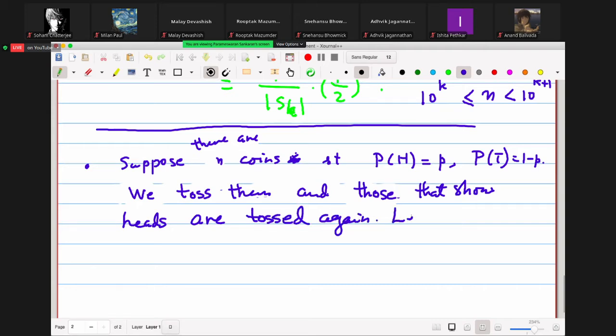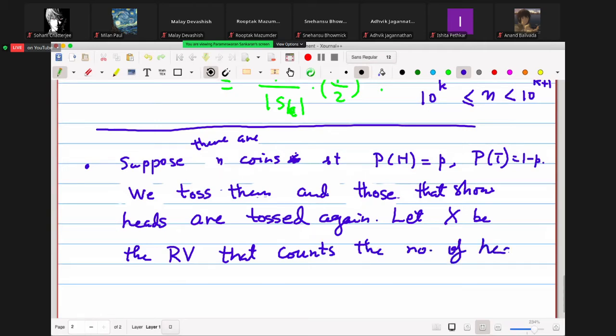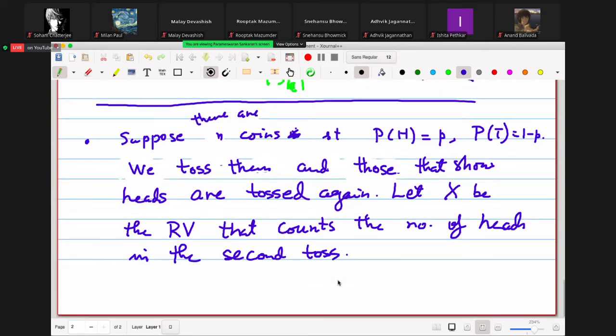Again, let x be the random variable that counts the number of heads in the second toss. Find the mass function f_X.